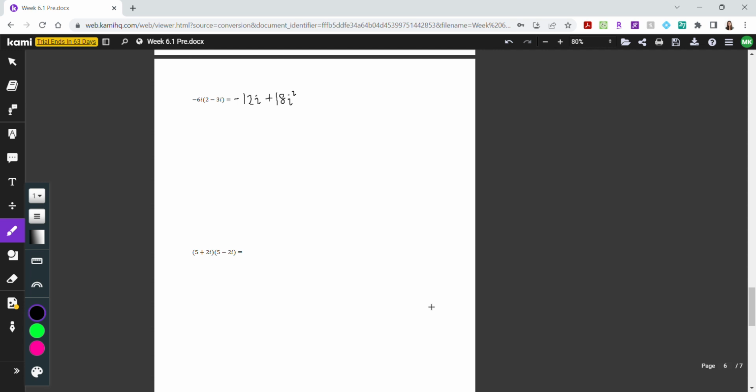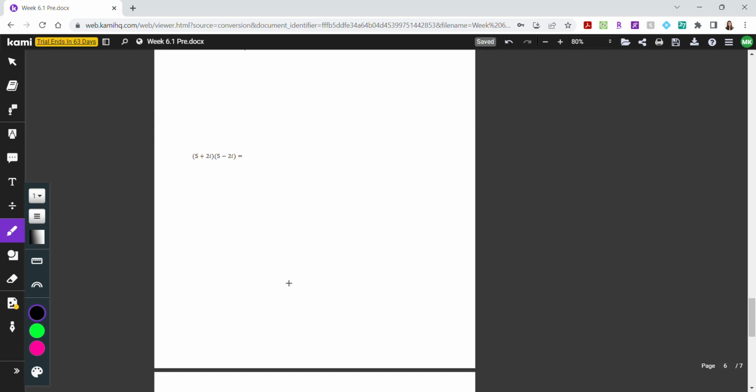Now we're not done yet because, again, because of the powers of i, we know what i squared can become, right? So I'm going to do negative 12i plus 18 times negative 1. And then from here, I'm going to get negative 12i minus 18, and that will be my final answer.